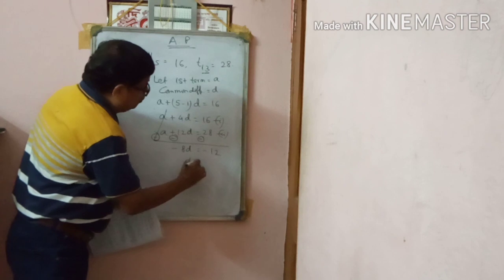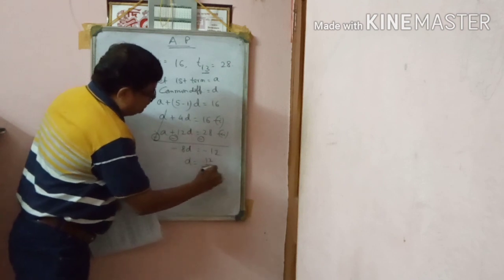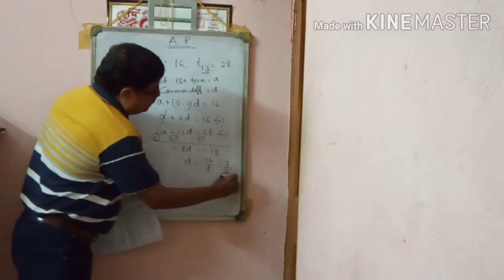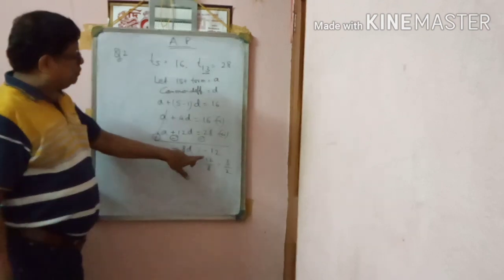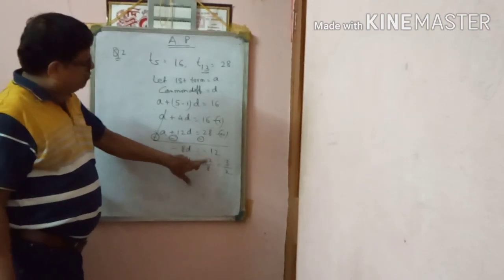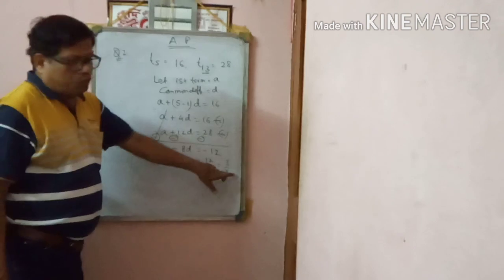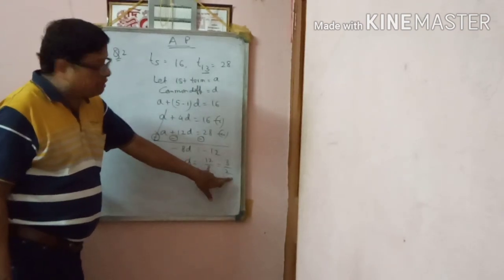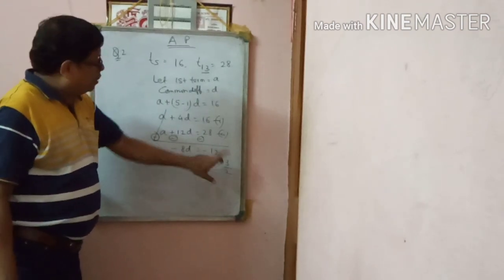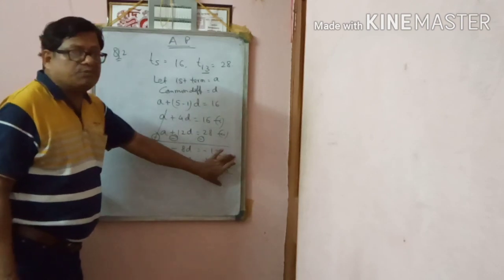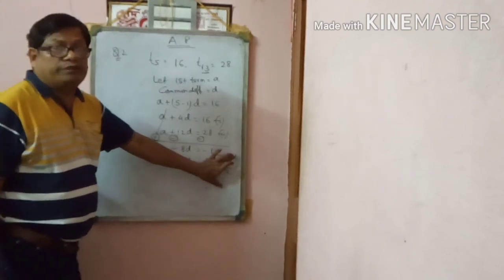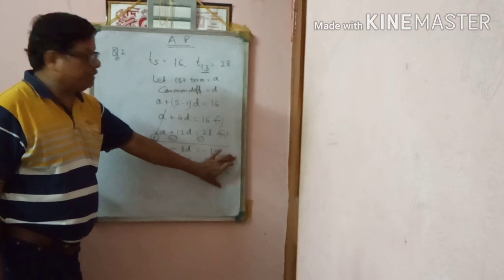So D equals 12 by 8. Cancelling, 4 threes are 12 and 4 twos are 8, so D equals 3 by 2.